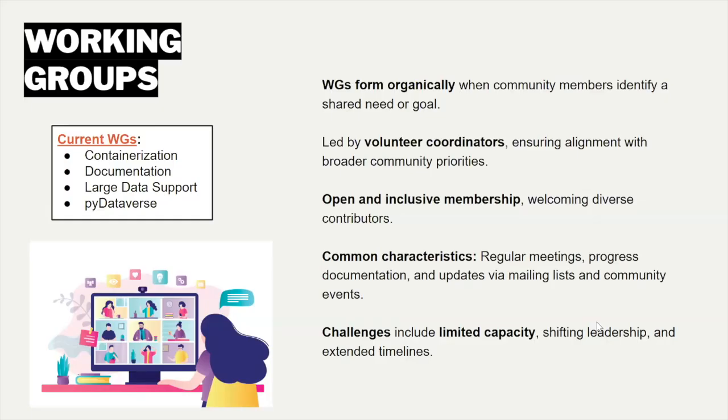Some common characteristics are that they would have regular meetings, and they would also document their progress through collaborative notes, and also provide regular updates, for example, via our mailing list or in community events such as the community meeting. Also here we have identified some challenges.